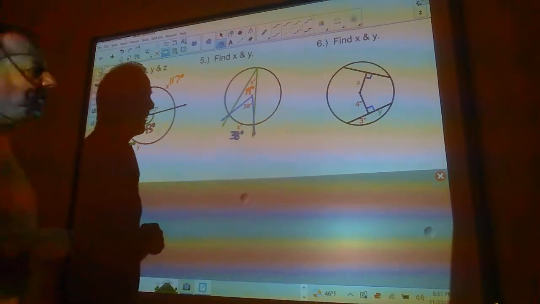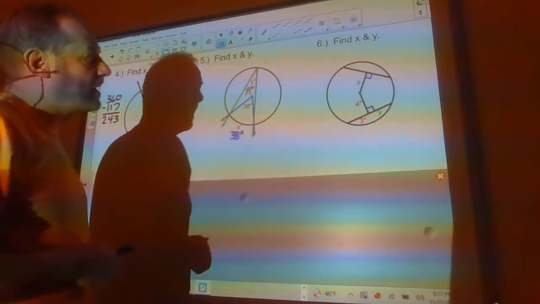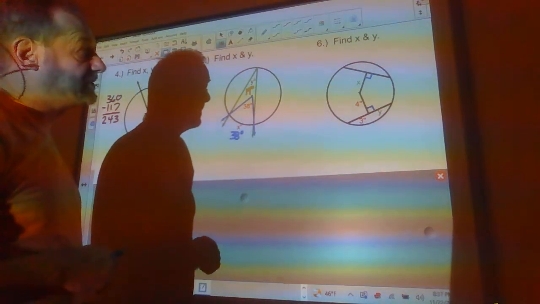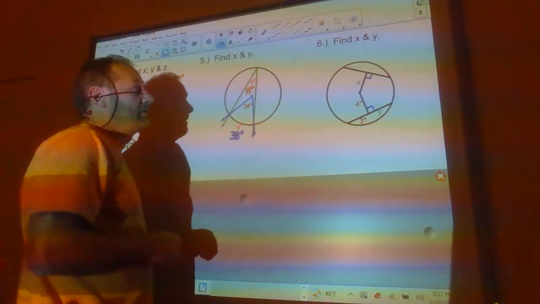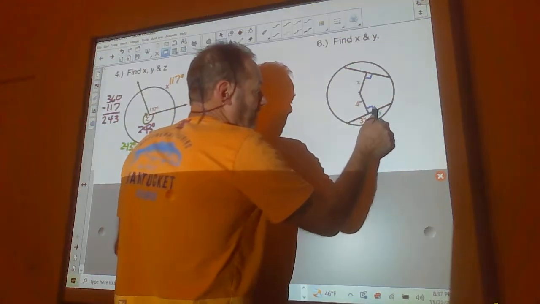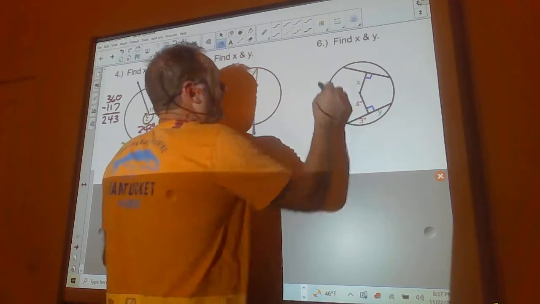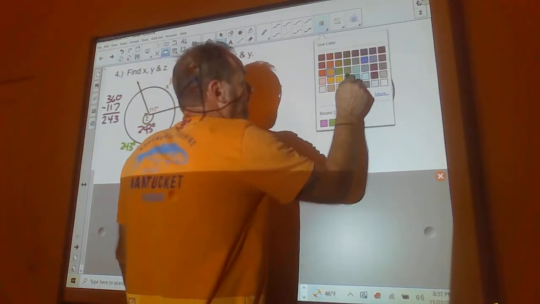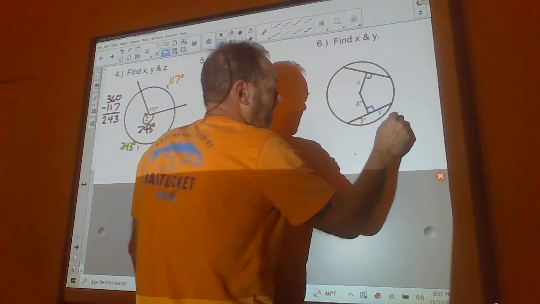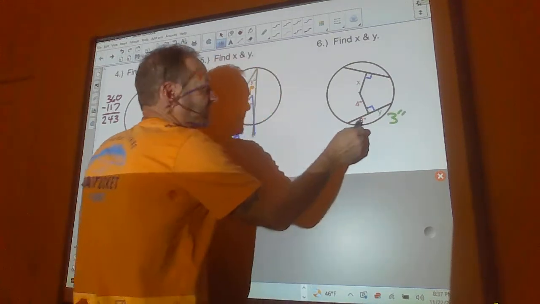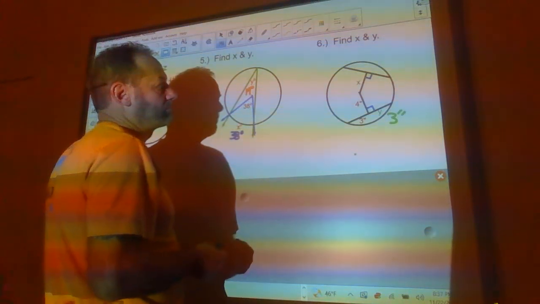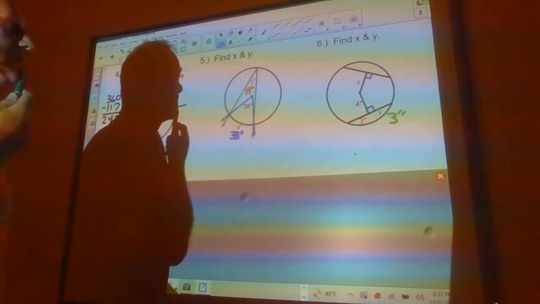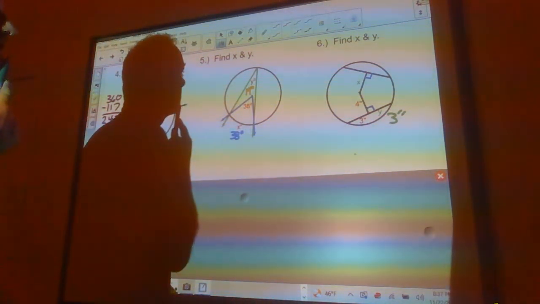All right, over here we're going to find x and y. So actually the easiest thing to do is to find y. Because this is perpendicular, so it splits the chord in half. So y is 3 inches. Okay, it's the same as this one over here. And, oh, I think I'm missing some information here.